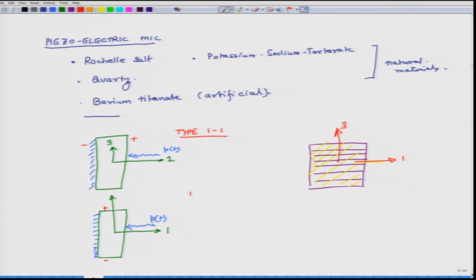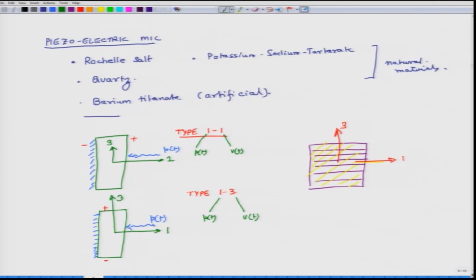So, this is type 1 3. What does this mean? Here the first number represents the surface on which pressure is applied, and the other one represents the surface across which voltage is generated. Here pressure is applied on surface 1, but voltage gets developed across surface 3.